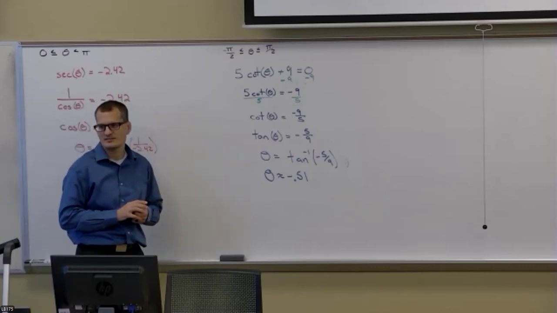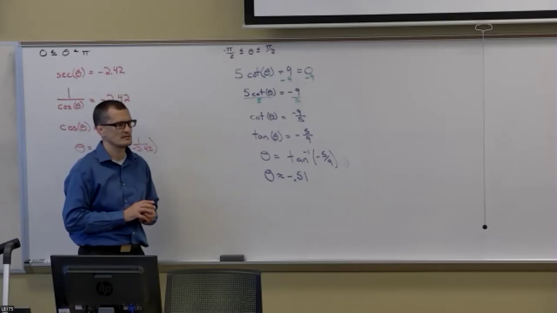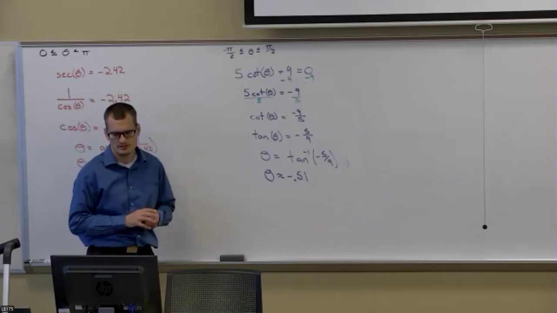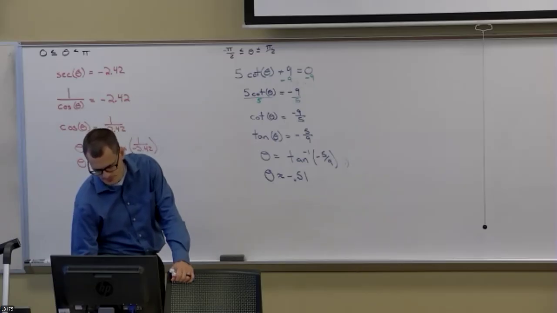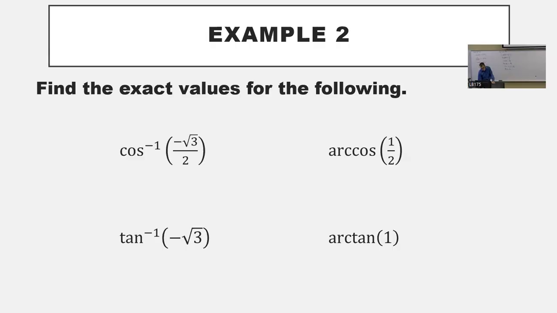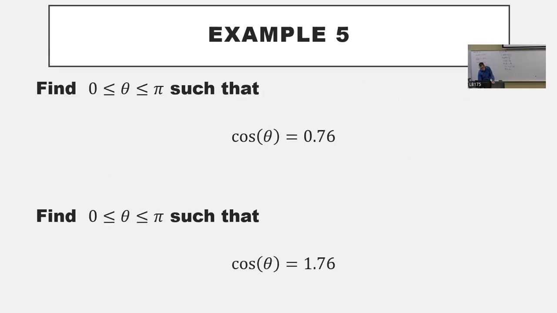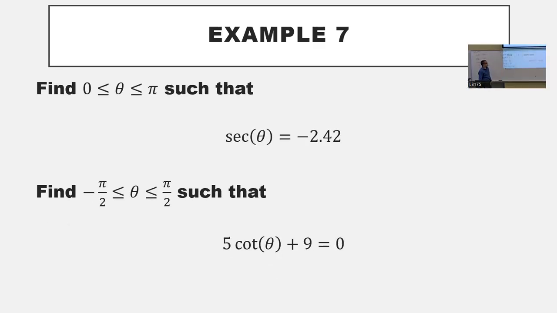That makes sense? So that's the algebraic manipulation when we have secants and cotangents and cosecants.